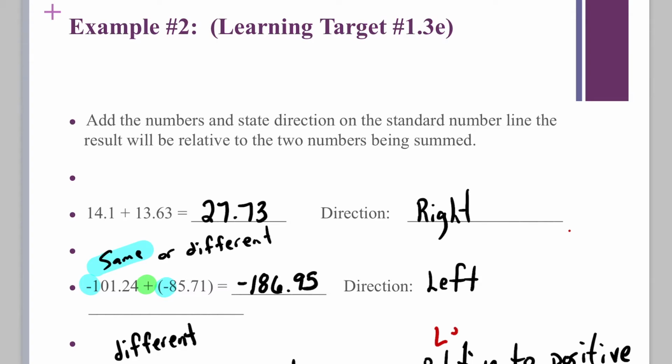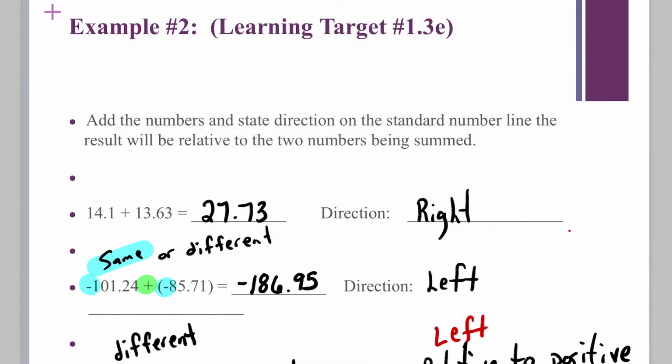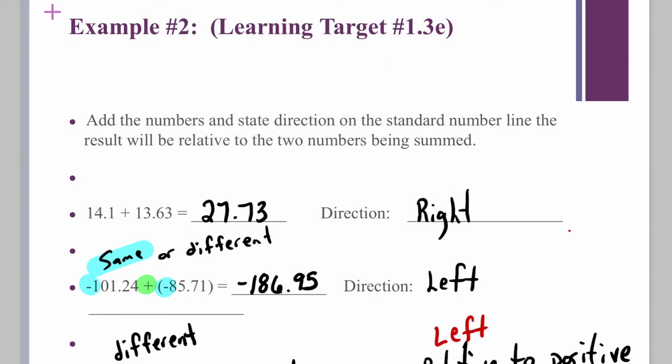So the direction that we move relative to the positive number is to the left. Relative to the negative number, we moved to the right for our result.